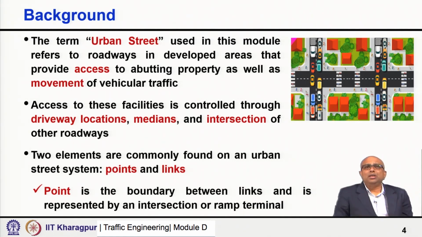Now, the two elements which are commonly found in an urban street system, one we can call points and the other we may call links. A point is the boundary between links and is represented by an intersection, or sometimes it could be a ramp terminal as well. So, we can say that it is the boundary between links.